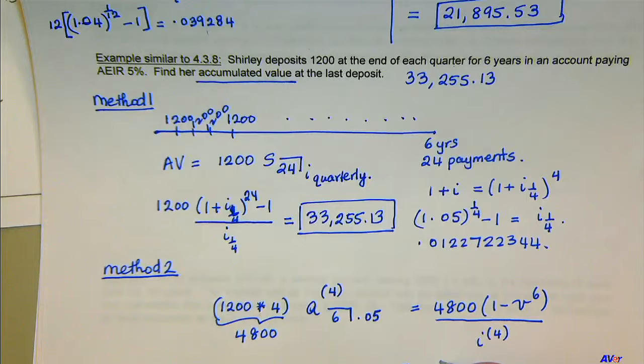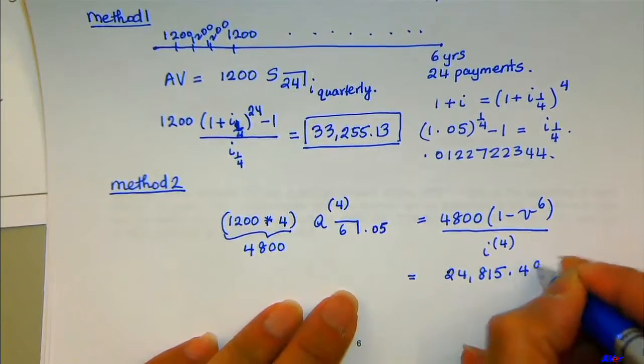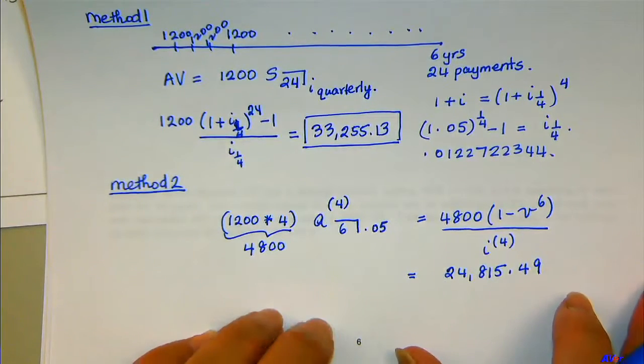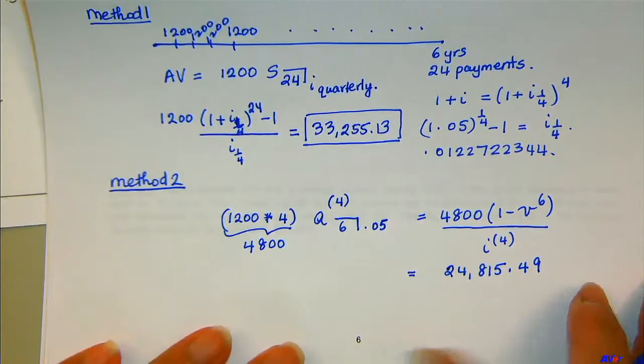This is present value, by the way, right? They're asking for accumulated value. So let me find present value, and then I'll just forward it, right? So present value equals $24,815.49 is the present value.